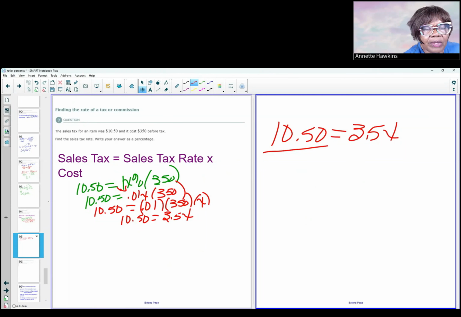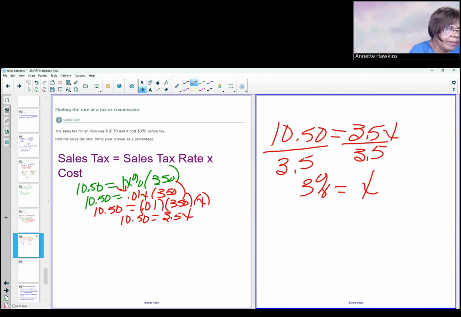So we're going to divide by 3.5. And let's see what that gives us. So this is 3%. Okay.